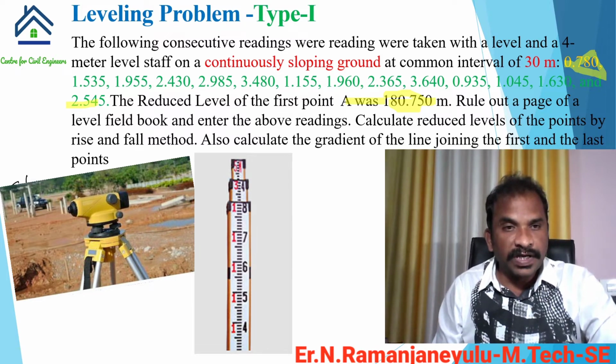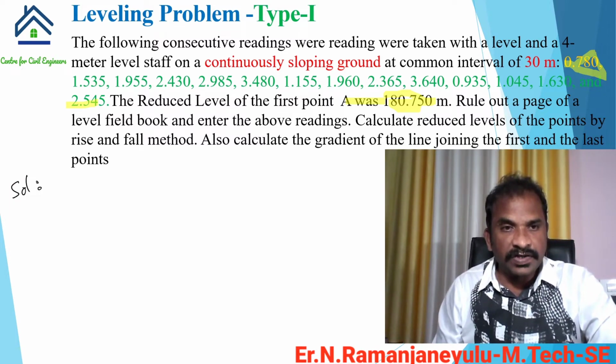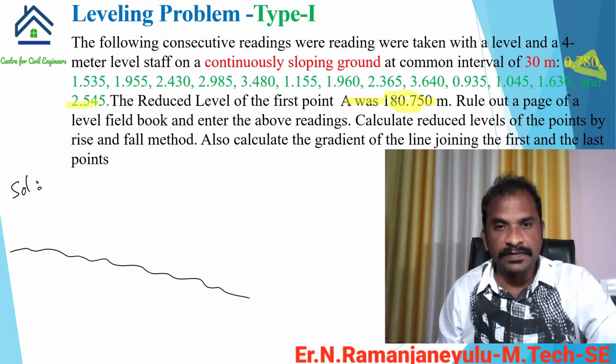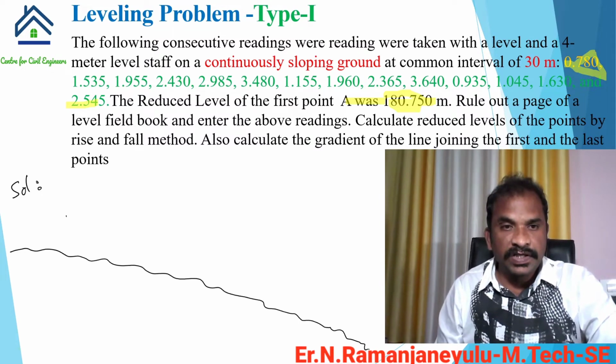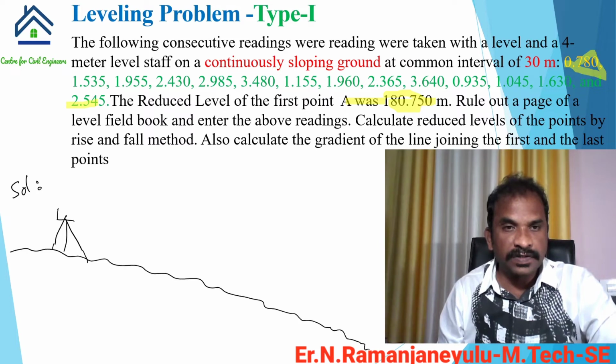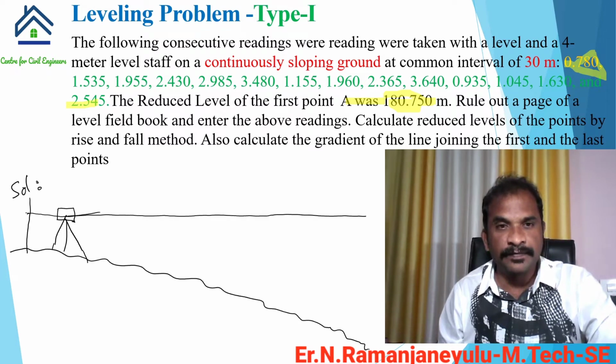If I draw the diagram, this is the continuously sloping ground. The diagram will be like this. This is the instrument position, the tripod. This is the leveling instrument, and here this is the line of sight. This line of sight passes in a straight line like this, and this is the benchmark.